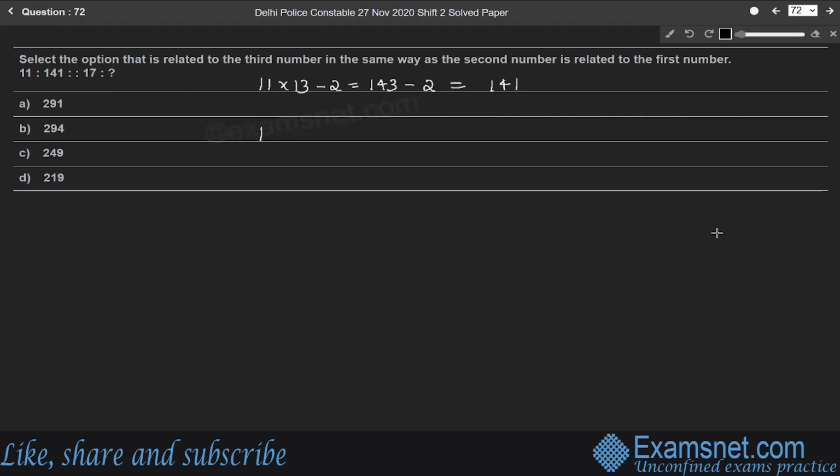Similarly, 17 into 13 minus 2: 17 into 13 is 221, minus 2 is 219. Therefore, option D is the right answer.